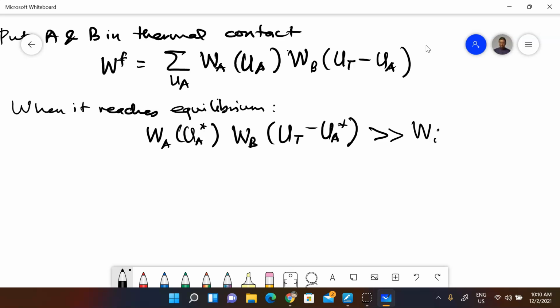So if one looks at the relative frequency, let's do the relative frequency first.